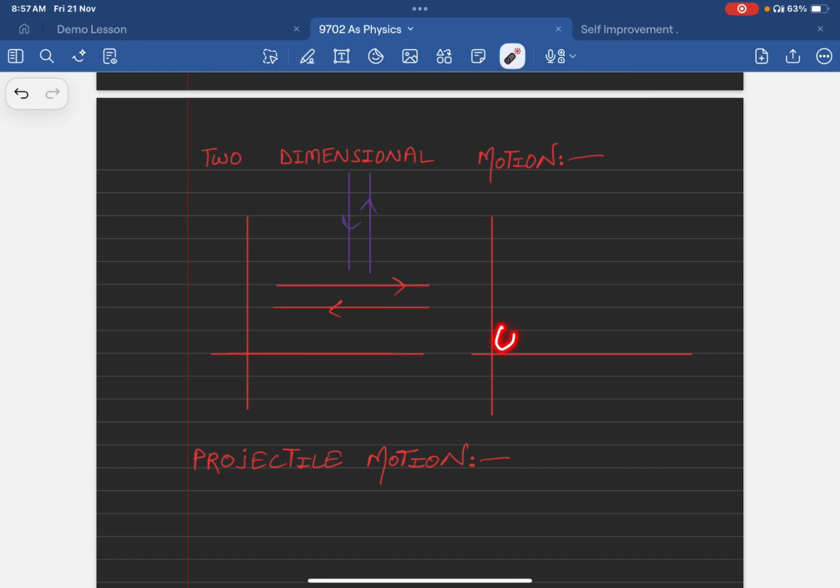So let's discuss an example. I am kicking a football. While kicking a football, you see in the motion, it is going up and forward, reaches some maximum height, then comes downward and forward at the same time.